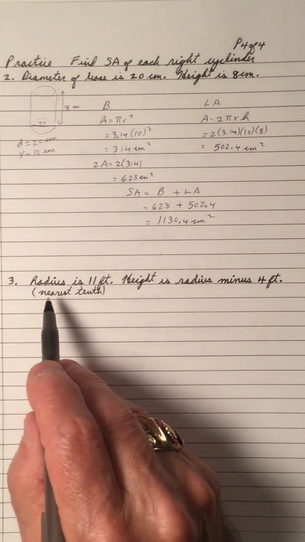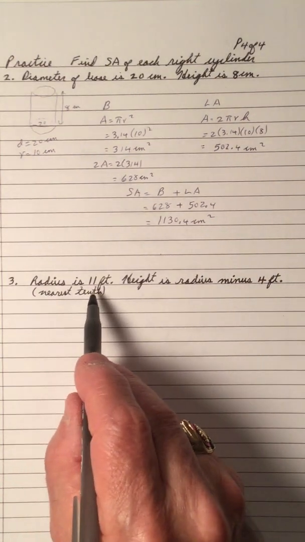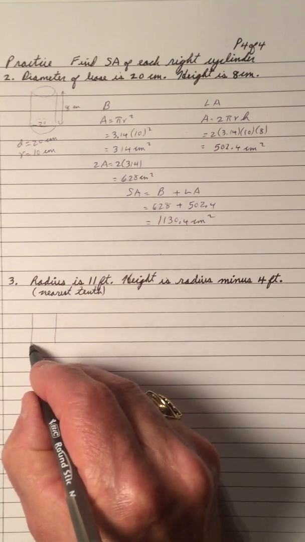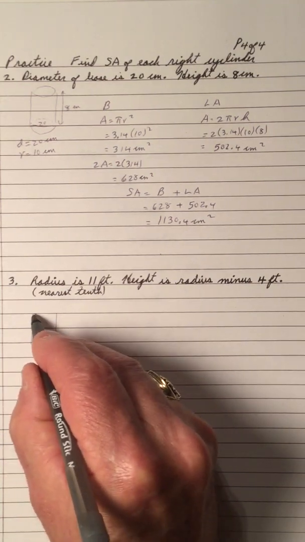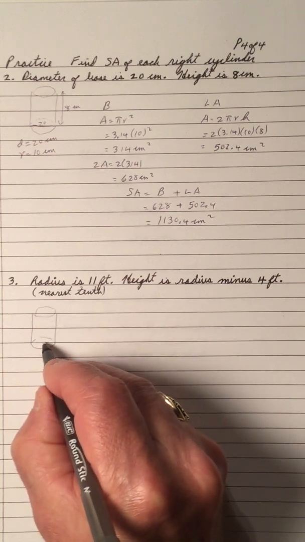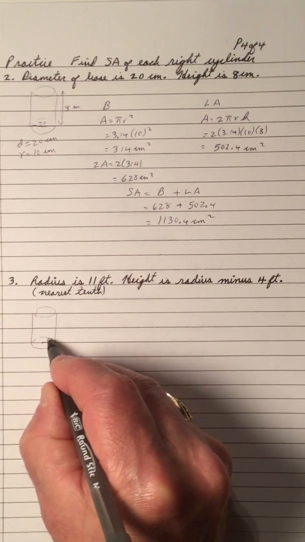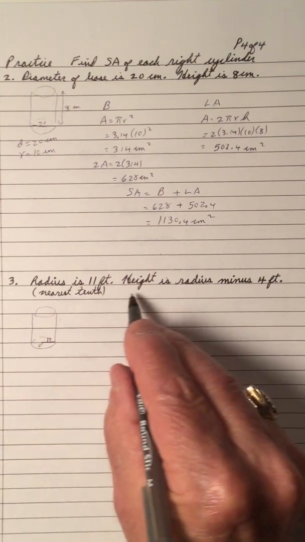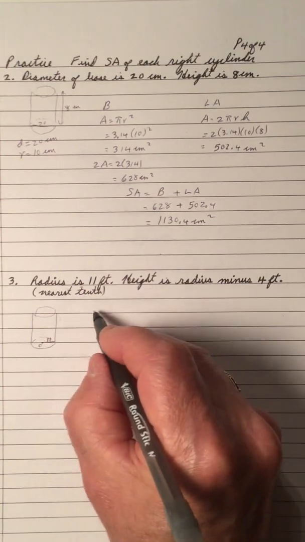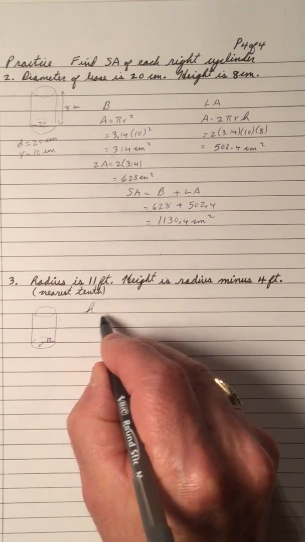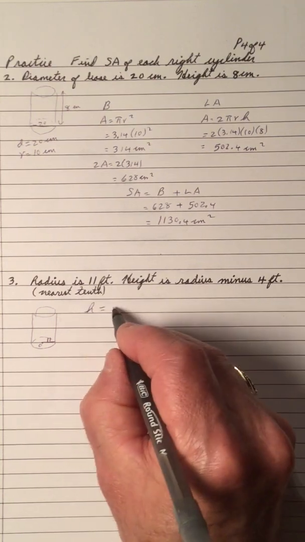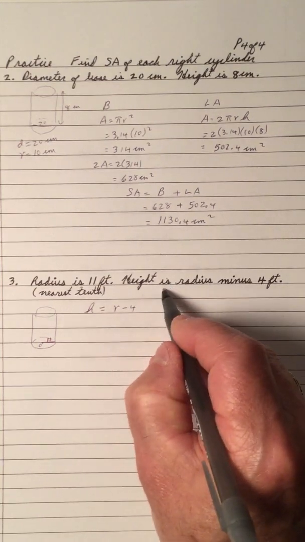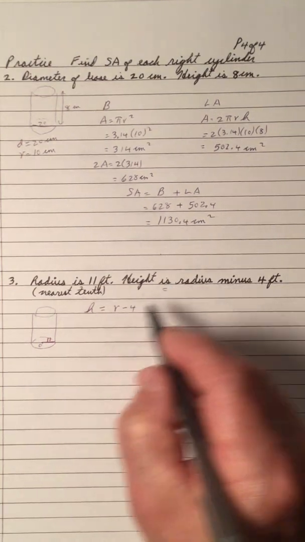Let's check number 3. The radius of a right cylinder is 11. Let's draw a little diagram again just to make sure. There's the right cylinder, quickly. The radius is 11, so that's 11 from the center, O, to there. And it says the height is equal to the radius minus 4.